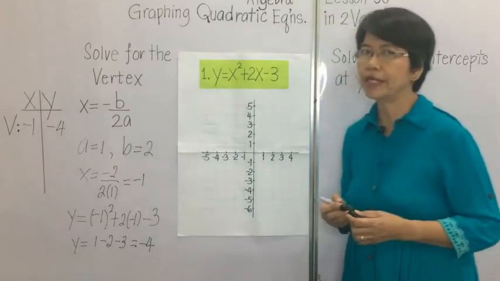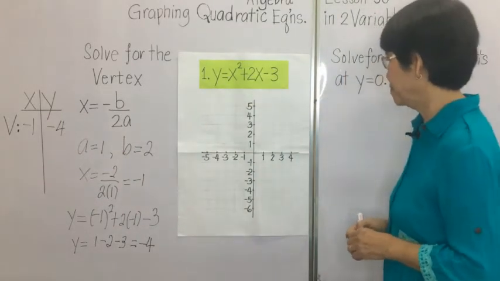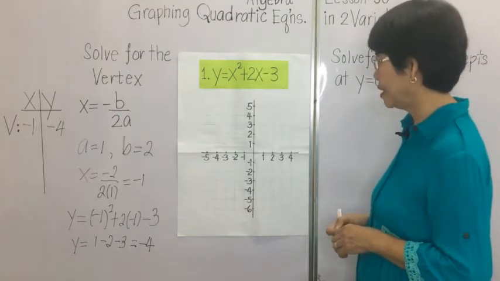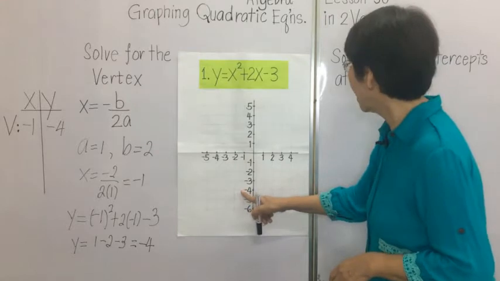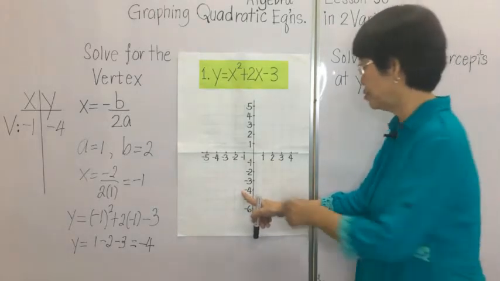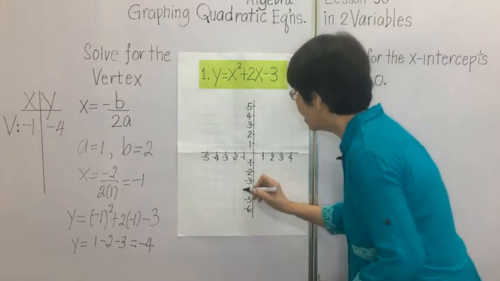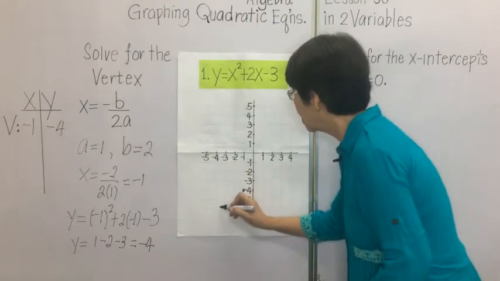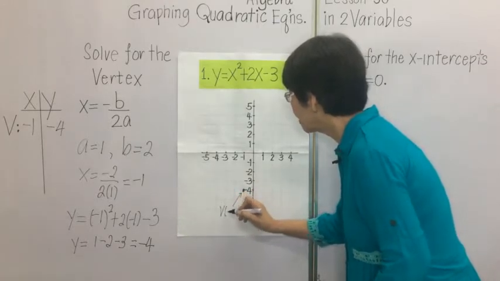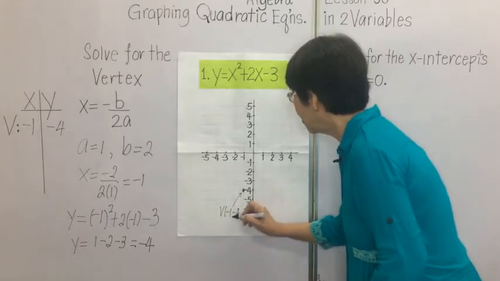We can locate now the vertex of the parabola. Negative 1, negative 4. Negative 1 is here, negative 4 is here. So the intersection of the two, negative 1 and negative 4, is this point. Vertex at negative 1, negative 4.